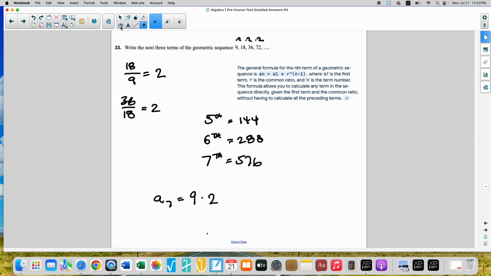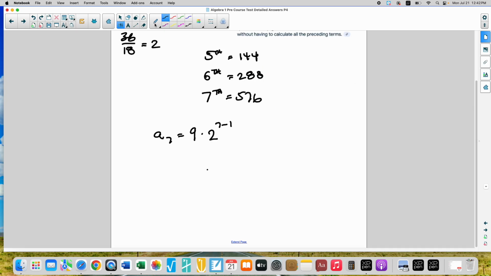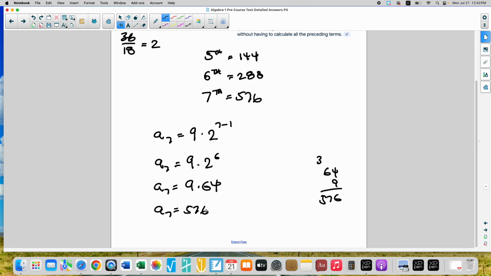So a sub 7 equals 9 times 2 to the 6th, which is 64, I think. And what's 64 times 9? 36, 54, 576. So a sub 7 equals 576.